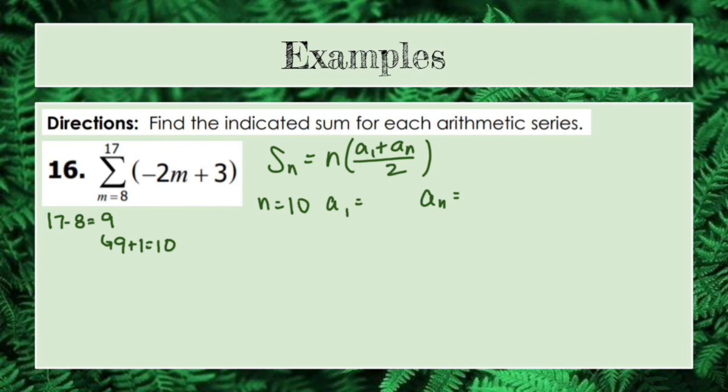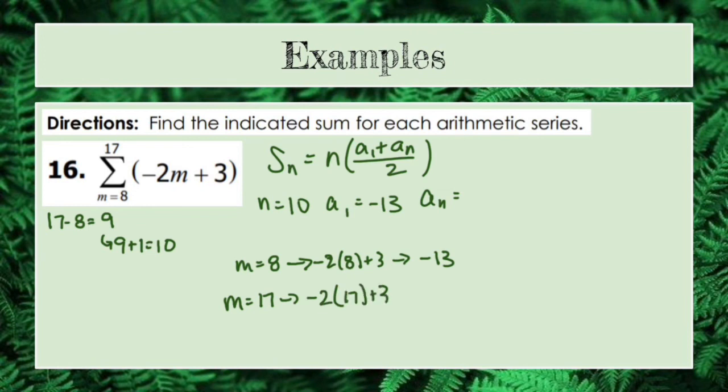Then A sub 1 is going to be the value we get when we plug in our first term. So when m equals 8, we have negative 2 times 8 plus 3, which is going to give us negative 16 plus 3, which is negative 13. So A1 is negative 13. Then A sub n is when we plug our final term in. So when m equals 17, we get negative 2 times 17 plus 3.